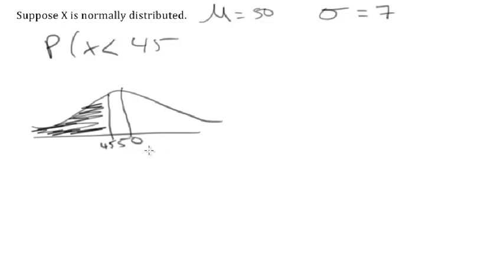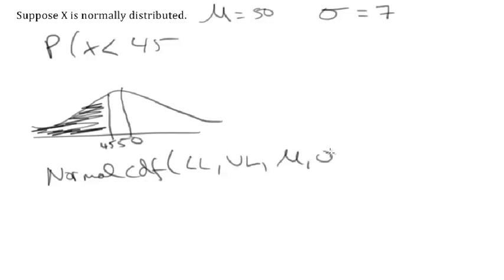There's going to be a reason for drawing the picture. But for now, what we want is normal CDF. And what we want to put in is the lower limit, the upper limit, and the mean and the standard deviation. Well, no problem on the mean and the standard deviation. That's going to be 50 and that's going to be 7.